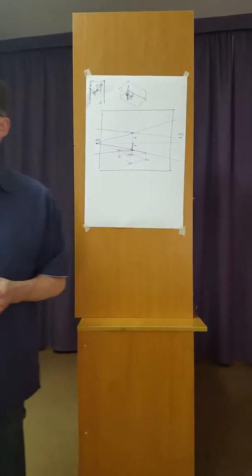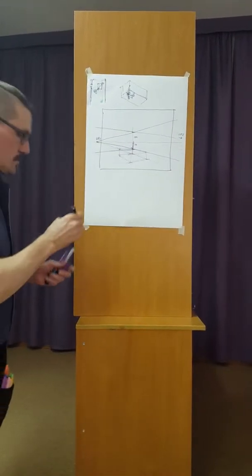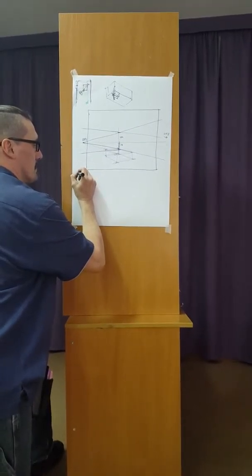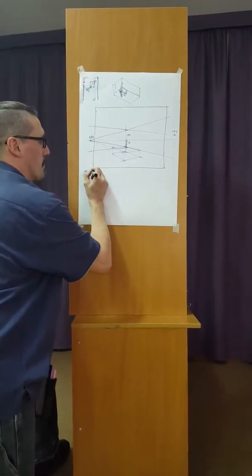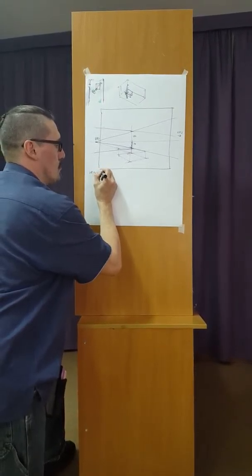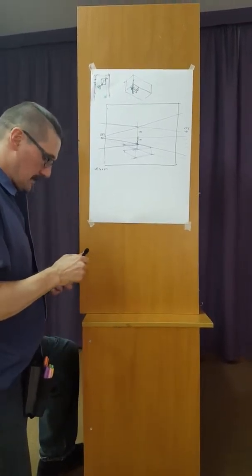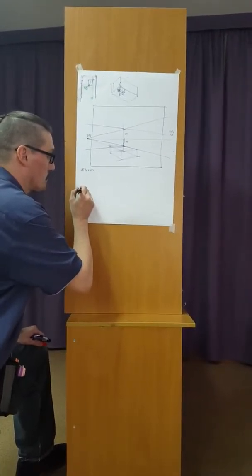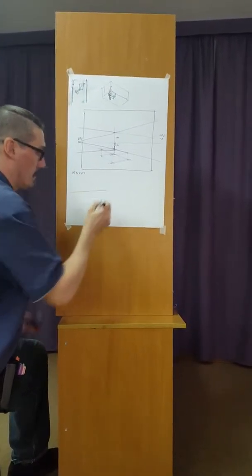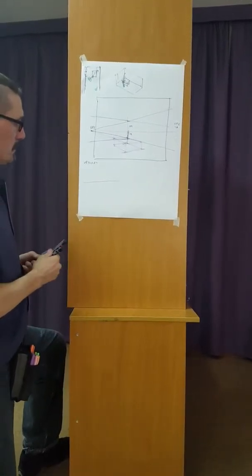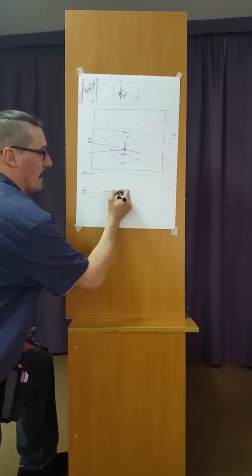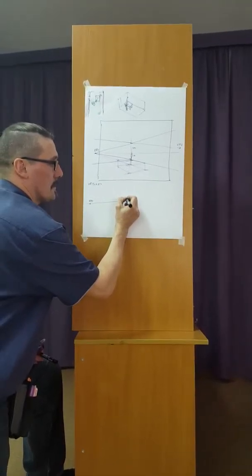There are two things happening. If I have both vanishing points, VP1 plus VP2, on my page, I end up with a drawing that's really, really small. Because in order to have both of them, I have to do one here, and then here.